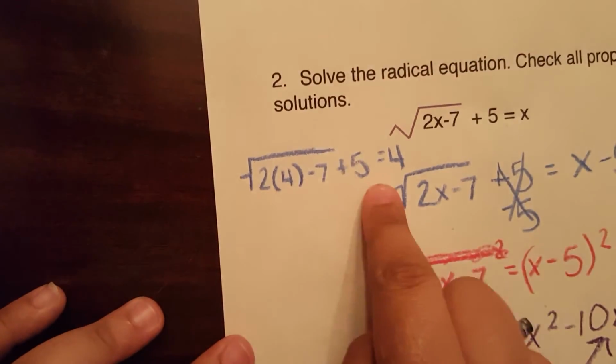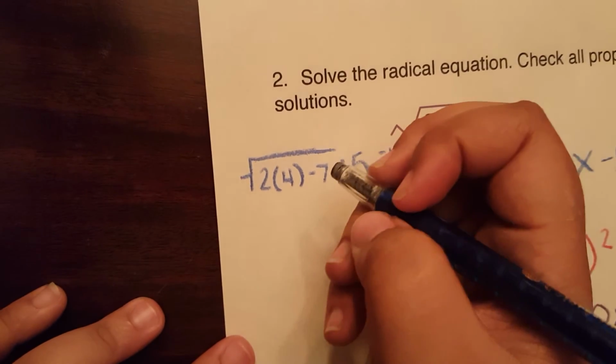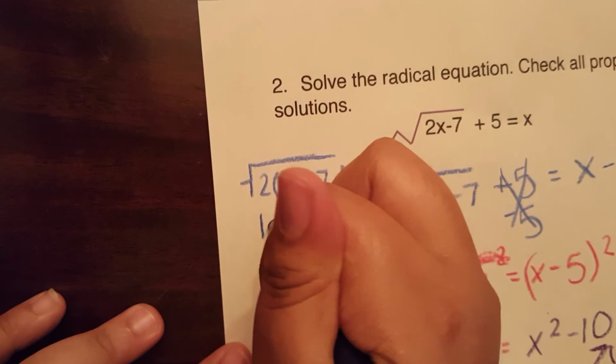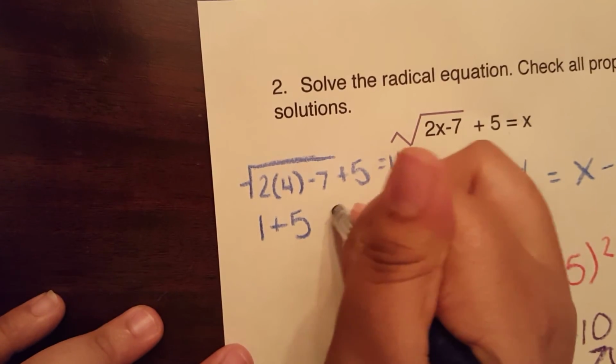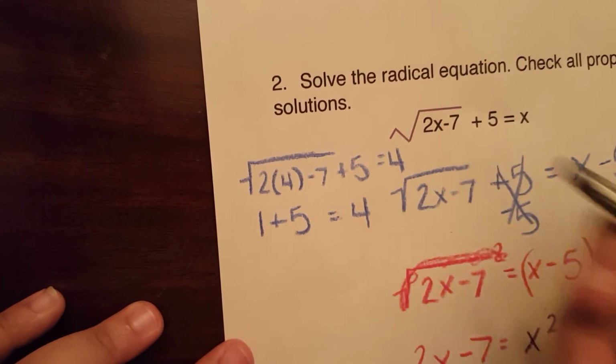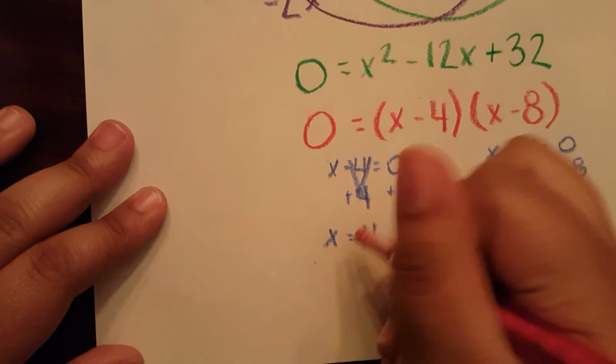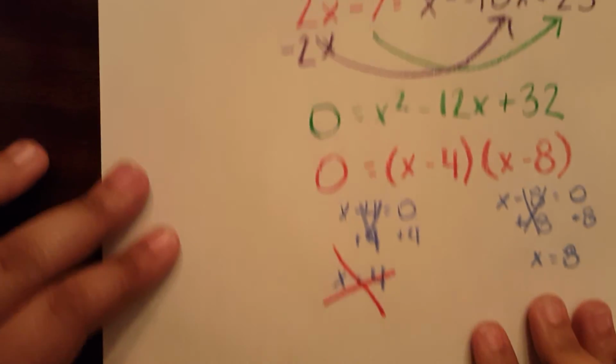So you can plug that into the calculator, or you can do it by yourself. So it'll be 1 plus 5 equals 4. So this does not equal 4, it equals 6. So that is not equal. So this answer is not true.